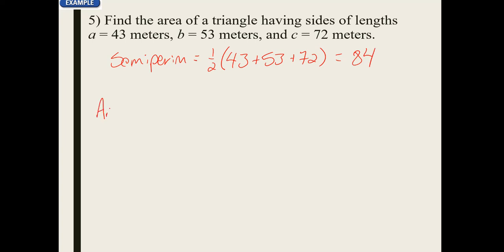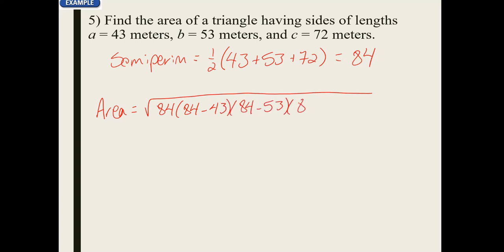And then for the area, we're going to do the square root of 84 times 84 minus 43 times 84 minus 53 times 84 minus 72. And when you work all that out, you're going to get that the area is about 1,131.89 square meters.